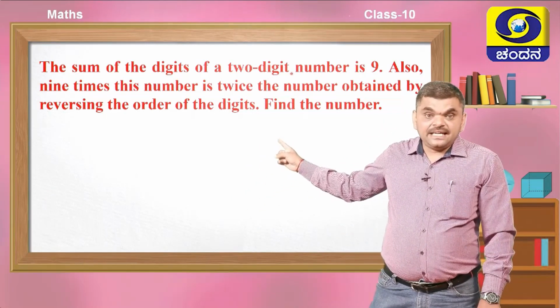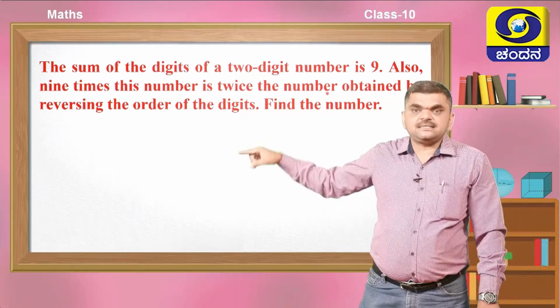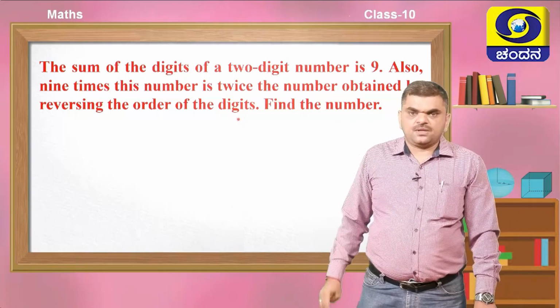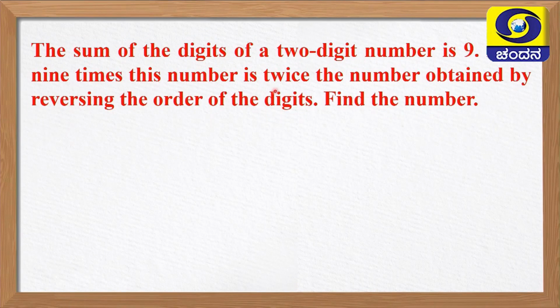Also, 9 times this number is equal to twice the number obtained by reversing the order of these 2 digits. If we reverse the order of these 2 digits and multiply by 2, it is equal to 9 times the first number.